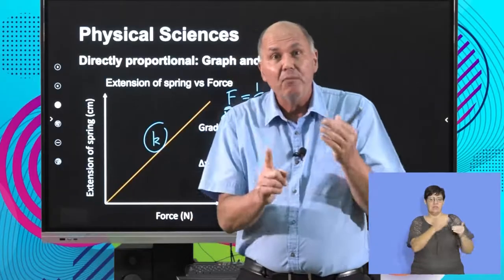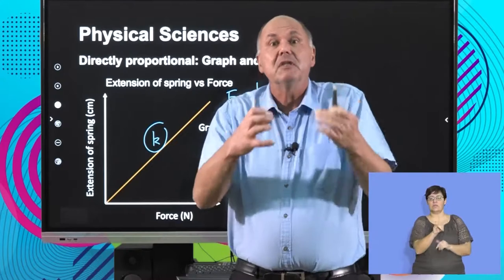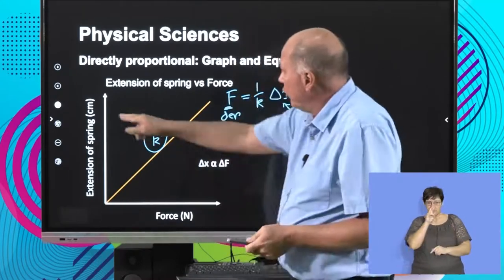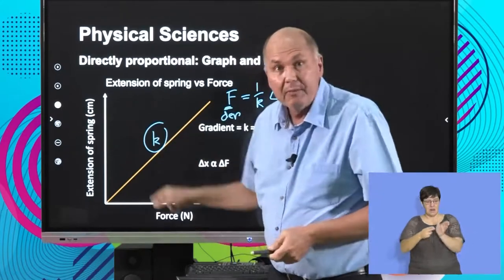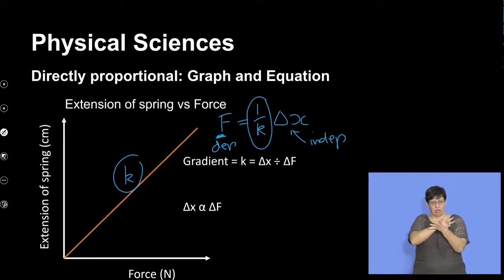So you've got to be very careful when you look at a graph and they ask, what does the gradient represent? Be careful that you look at what the labels on the graph are and make sure that you don't mix up the k value. The k here is not actually the spring constant. 1 over k would be the spring constant if we're wanting to be totally strict about it.